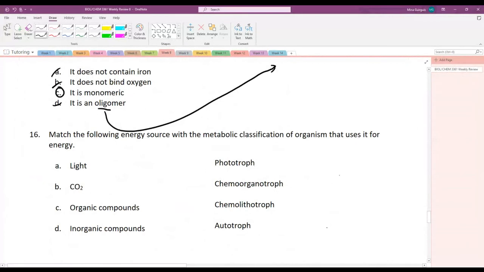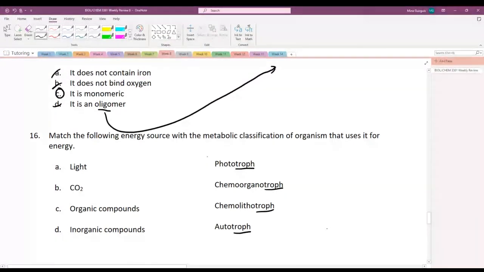Match the energy source with the metabolic classification of an organism that uses it for energy. In other words, a phototroph, a chemoorganotroph, a chemolithotroph, and an autotroph. That last part of each word, troph, means an organism using blank for energy. Photo is fairly self-explanatory.